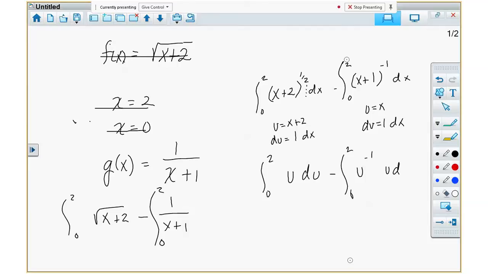So that's going to be 0 to 2, u to the 3/2 over what? Minus 0 to 2, u to the what? What's negative 1 plus 1? 0 over what? 0. So what is this part going to do? It's going to cancel basically, because that's 1 over 0, which is undefined. So that's going to go out and it's going to leave you with just this.